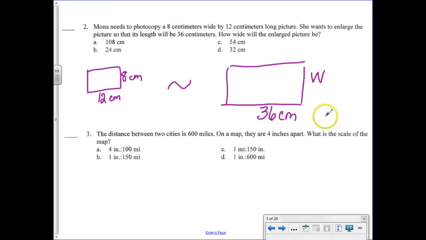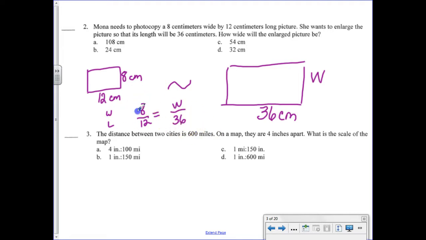All right, well, you can just look proportionally at this one and set up one of many possibilities. You could say 8 to 12 would have to equal W to 36, because I'm going width over length equals width over length, and then solve this one.